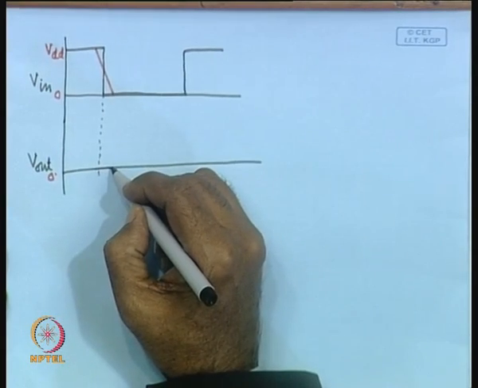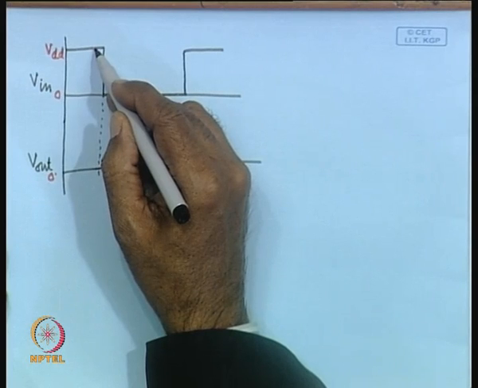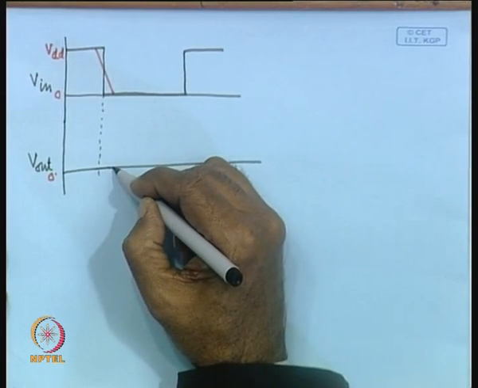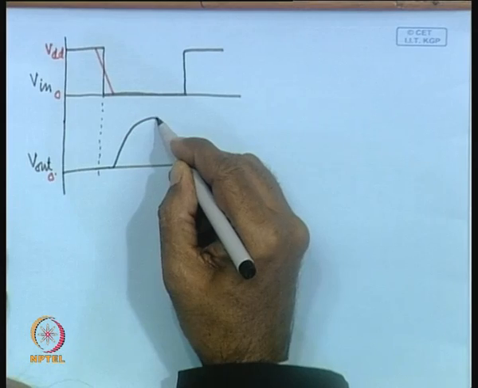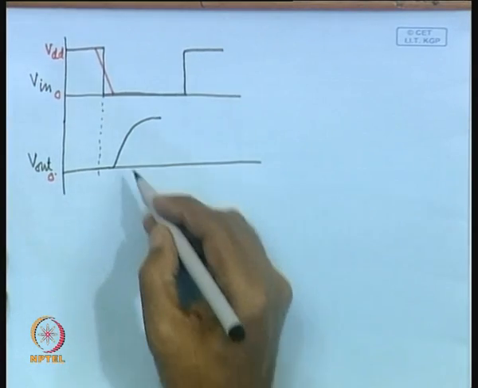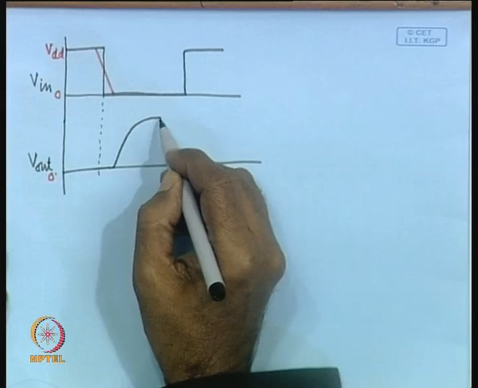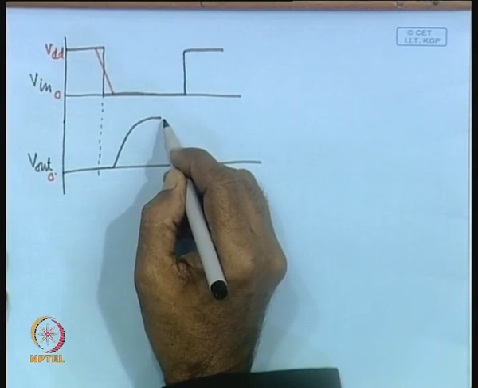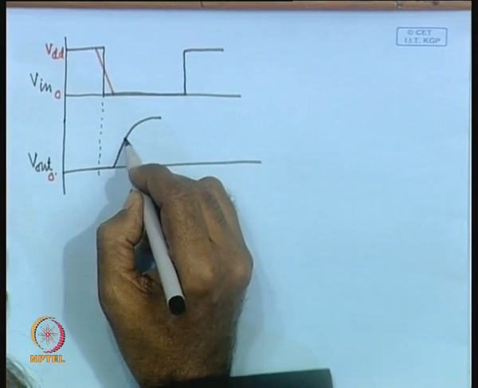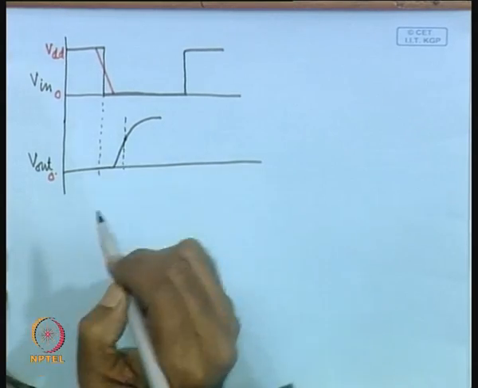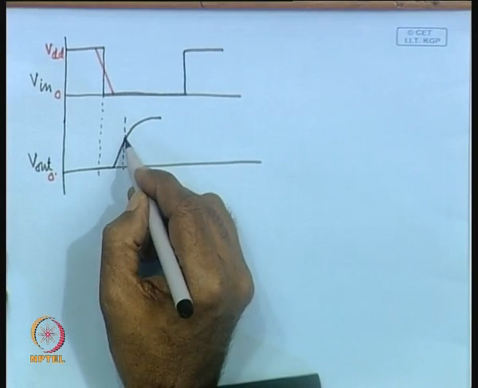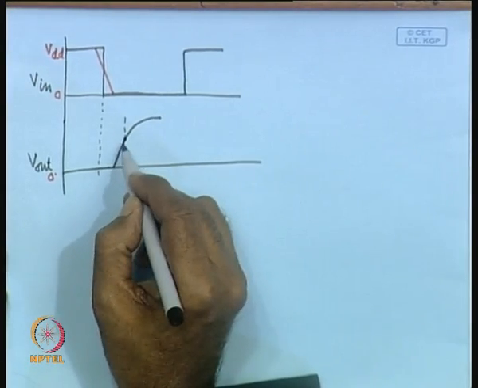With reference to that, it is changing from VDD to 0. Here the output will change from 0 to VDD. We have seen the characteristics. The capacitor has to be charged, so it will have a nature like this. So we can take the middle point to define the delay time.